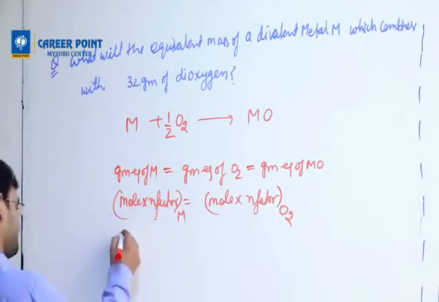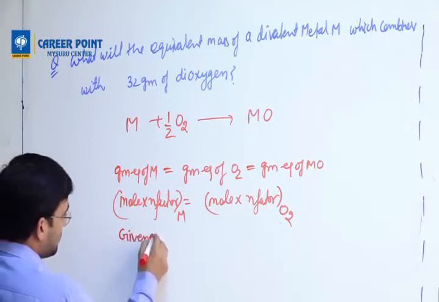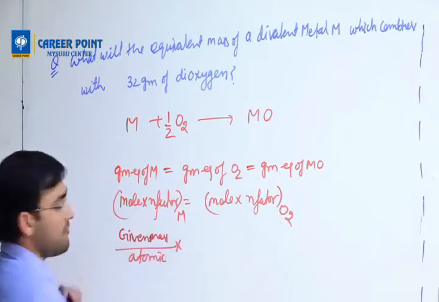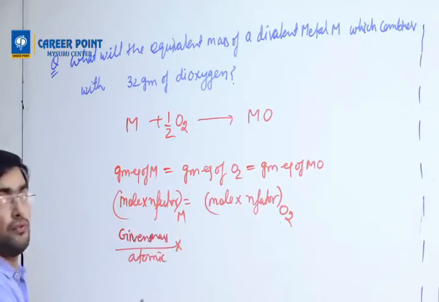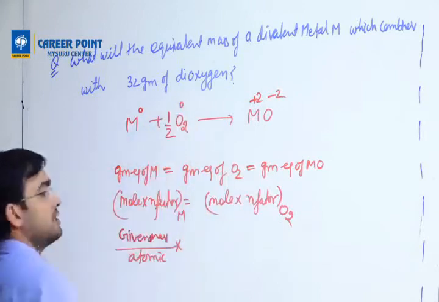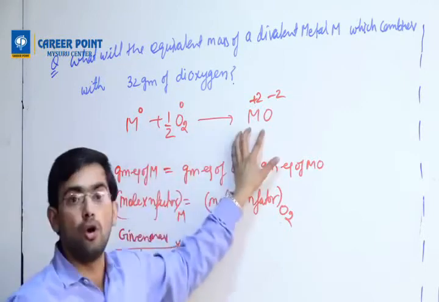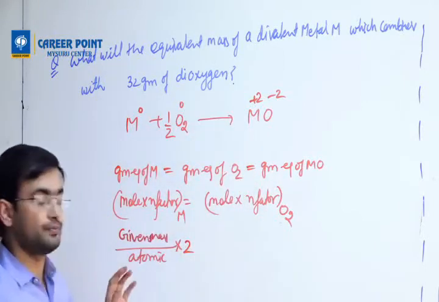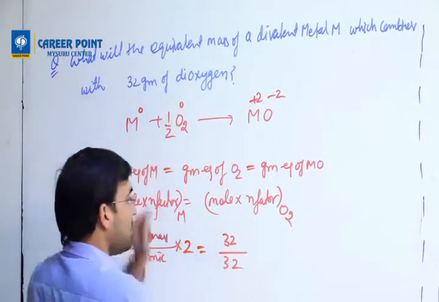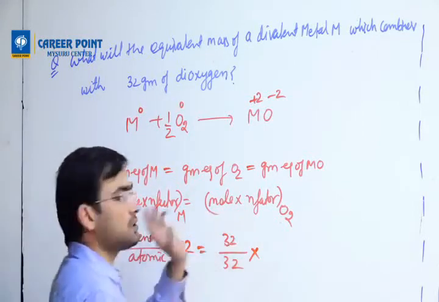So moles, given mass by atomic mass into n factor of M. So you should find n factor. This is 0, there plus 2, minus 2. So 1 mole of M, 0 to plus 2. So the n factor is 2. Then moles: given mass is 32 by molar mass of oxygen, 32, into n factor of O2.